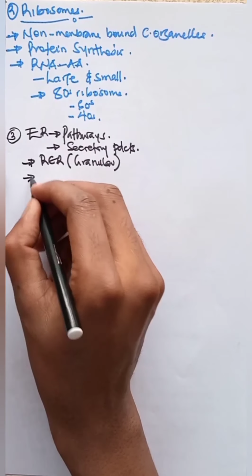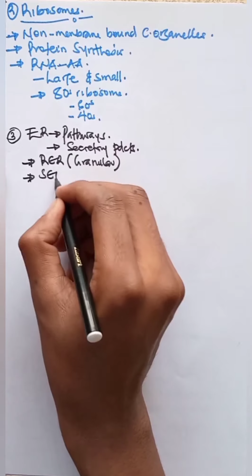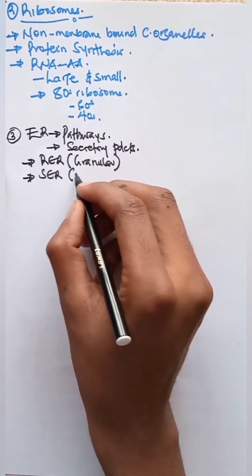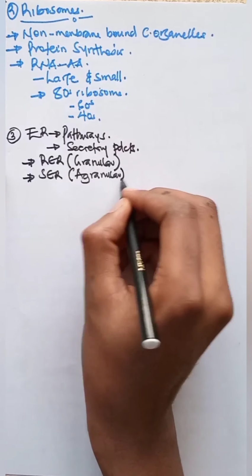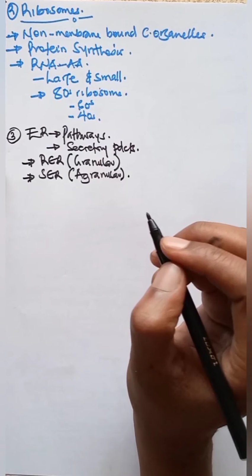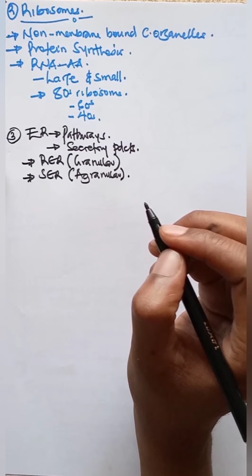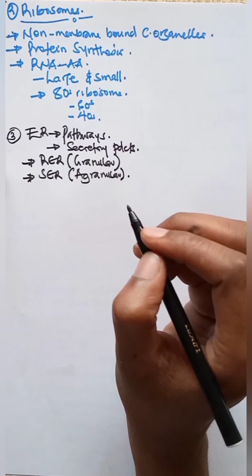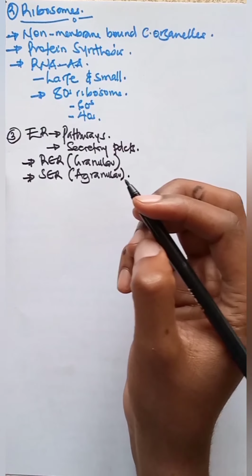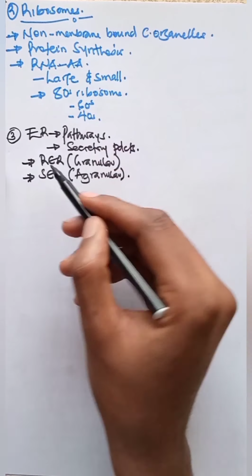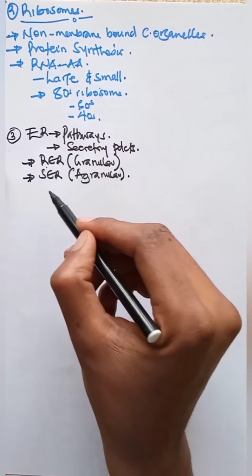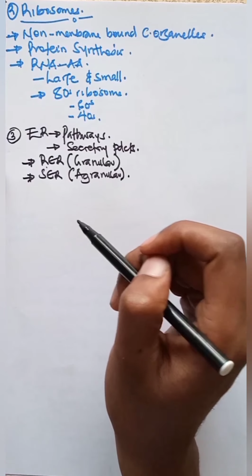Then we have the smooth endoplasmic reticulum, which you call the agranular. So basically, the reticulum, as we have said, is of two kinds: the rough endoplasmic and the smooth endoplasmic.